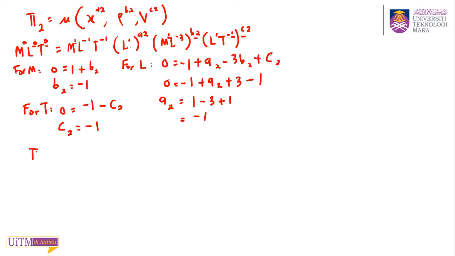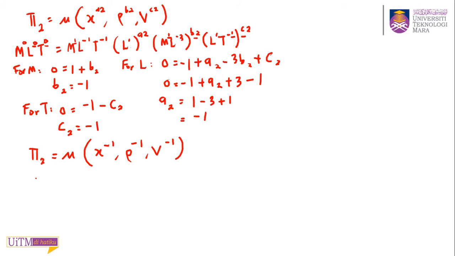Now you can solve your equation for pi 2, which will be equal to mu times x to the A2. A2 is minus 1. Okay, rho to the B2 is minus 1 as well. And V to the C2 is also minus 1.